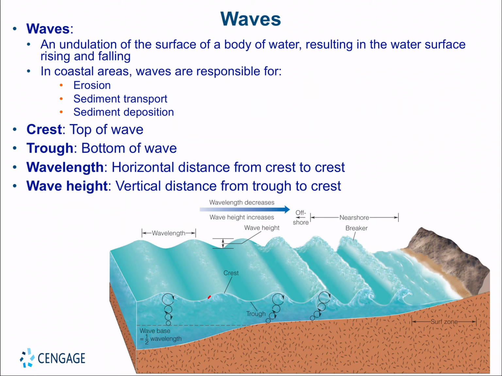The crest of your wave, that I've outlined in red, is the top. The trough, as shown in red, is the bottom. The wavelength is the distance between 2 crests, or it could also be between 2 troughs. The wave height is the vertical distance from trough to crest.